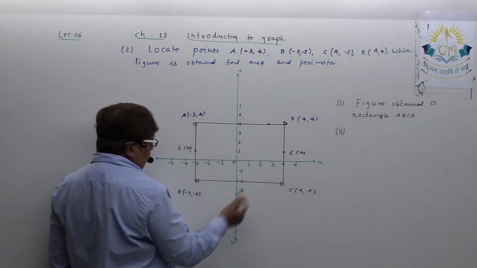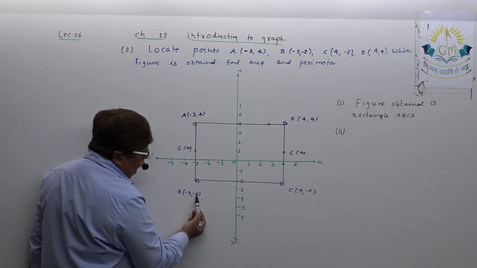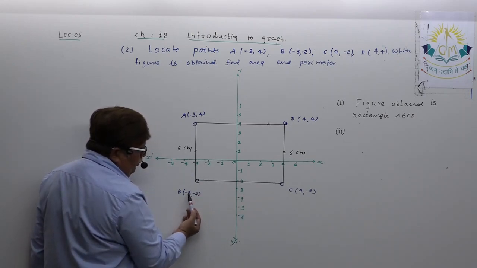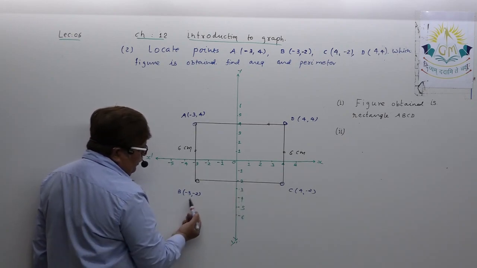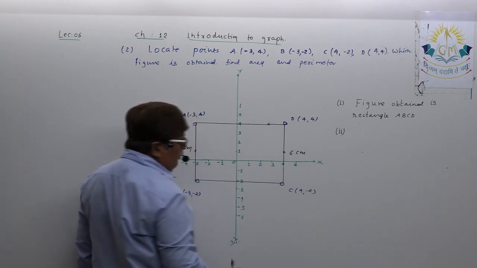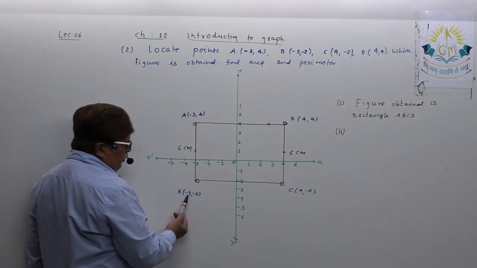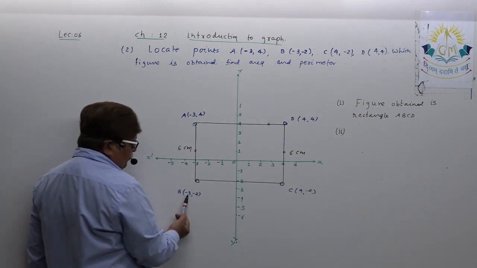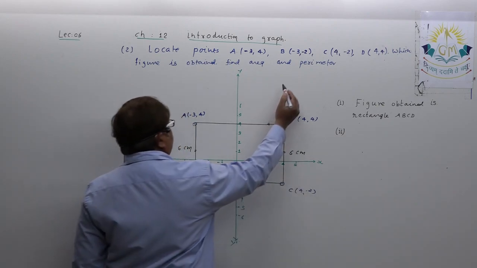Now AD or BC. Suppose BC. Which coordinate is common? X coordinate is common. Sorry. Y coordinate is common. Here minus 2, here minus 2. What about the x coordinate? Minus 3 and 4.